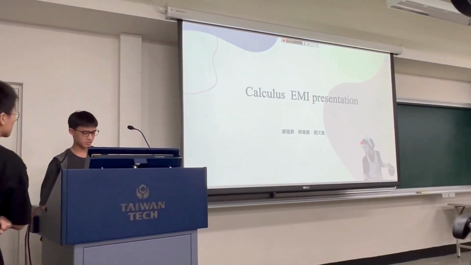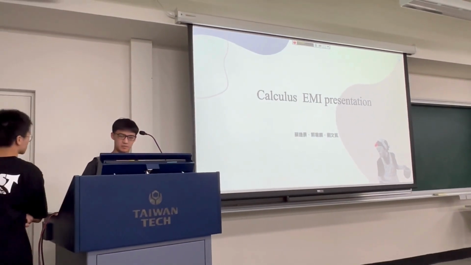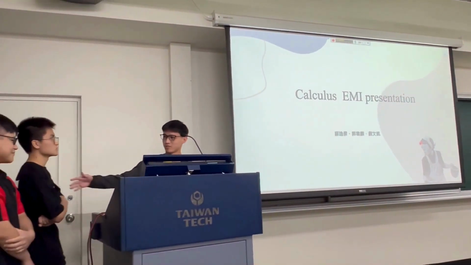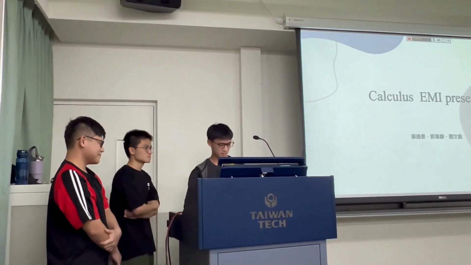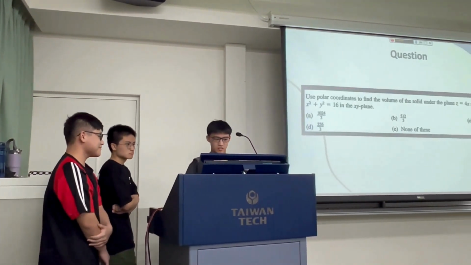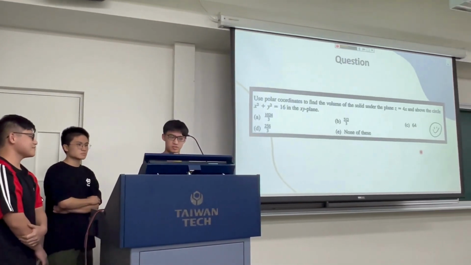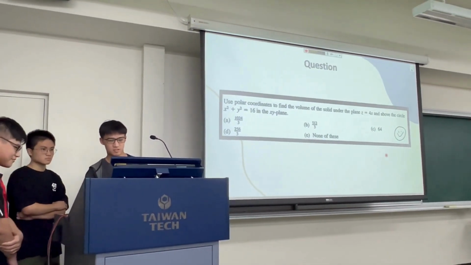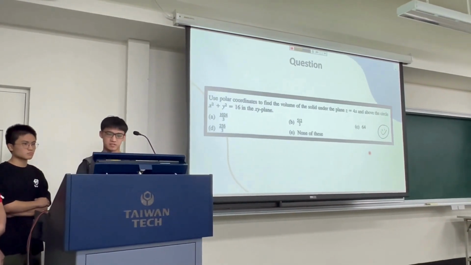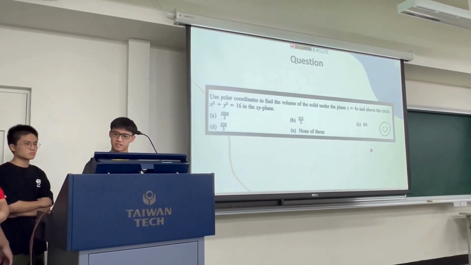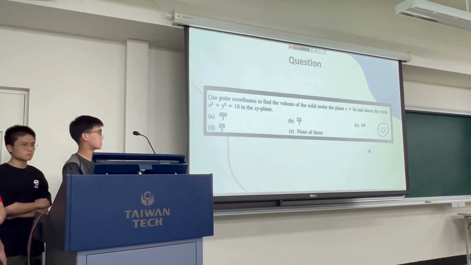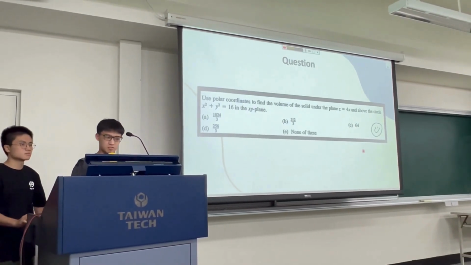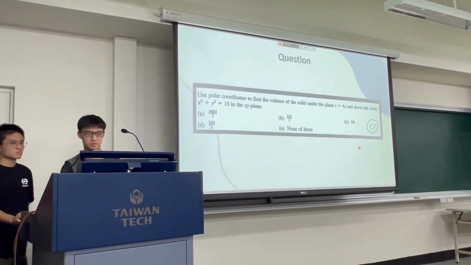Hello everyone, today our presentation is about double integrals in polar coordinates. Our question is to use polar coordinates to find the volume of the solid under the plane z equals 4x and inside the circle x squared plus y squared equals 16 in the xy plane.